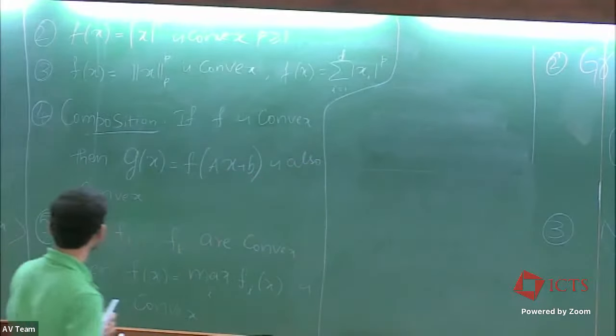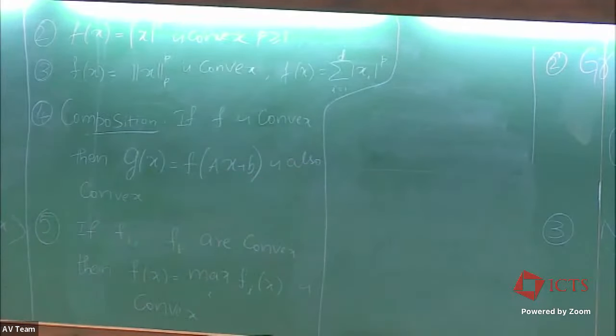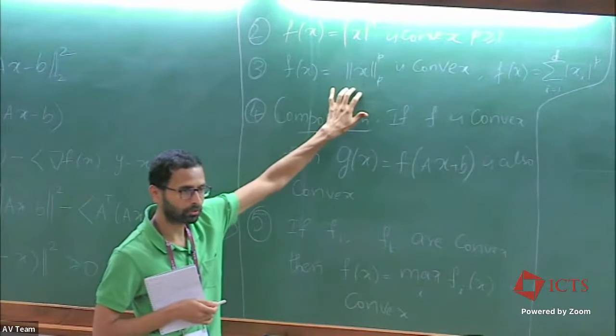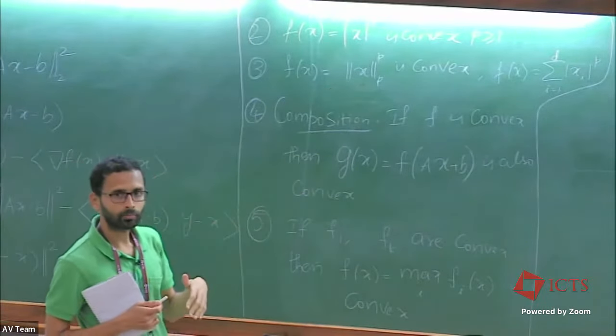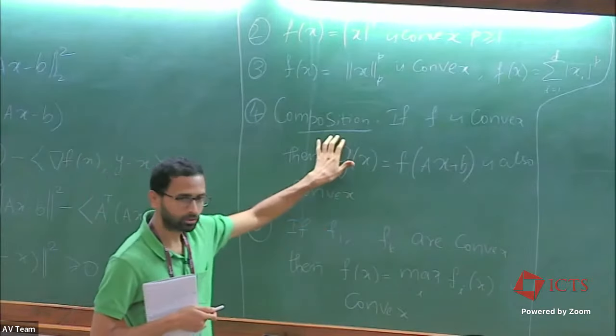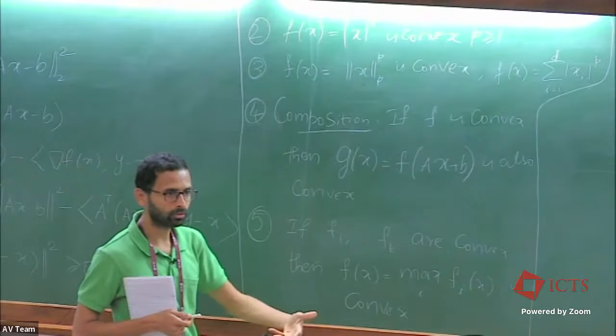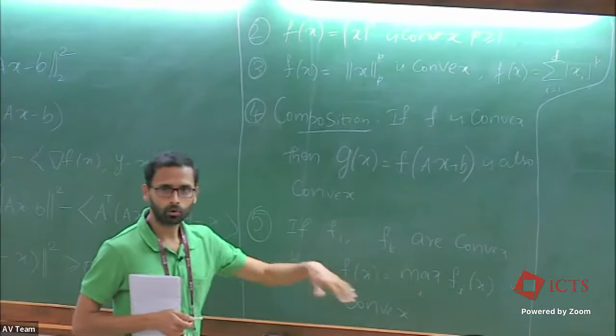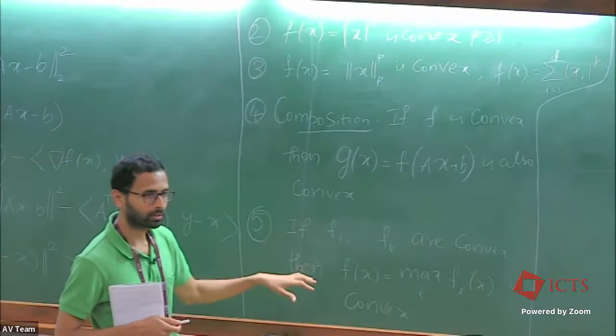I'm saying these things because even though we started with a simple convex function and some other prototypical convex functions, we can expand the space of convex functions using these composition theorems, because we can apply any affine transformation and then apply this convex function. Similarly, if we take the maximum over multiple convex functions, that also tends to be a convex function.